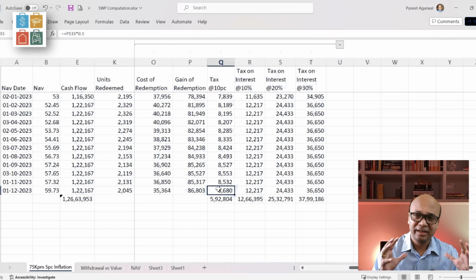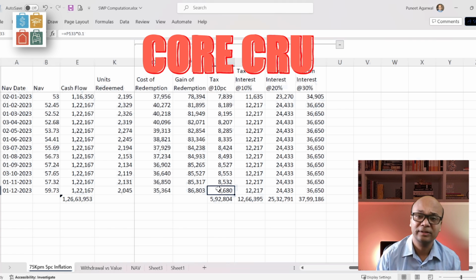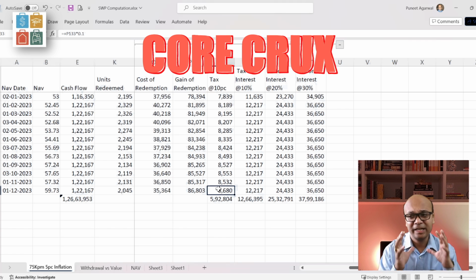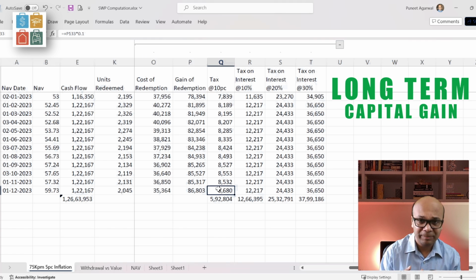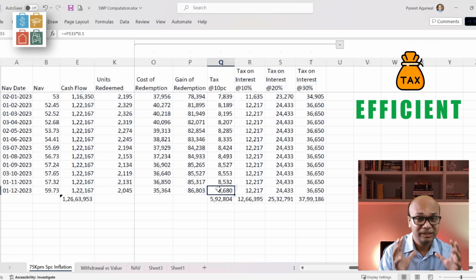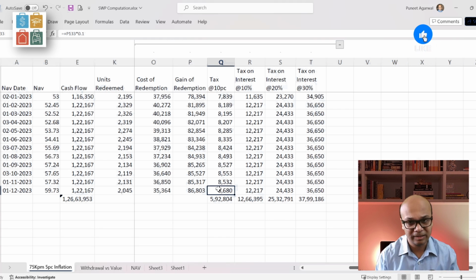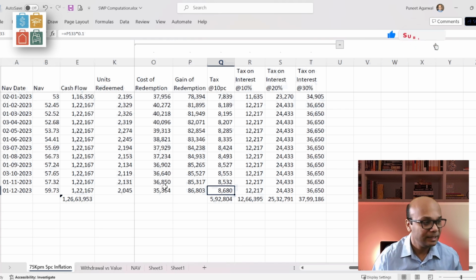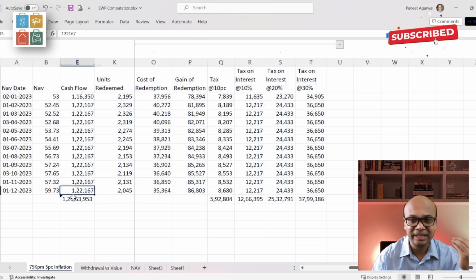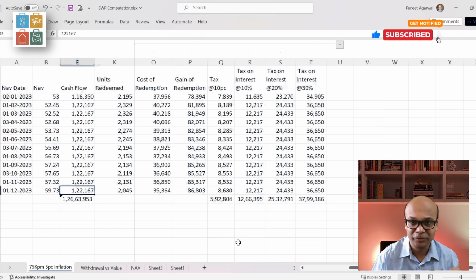Now, this is the core crux. Whoever understands this will understand that long-term capital gain is more tax efficient than interest income. Assume you have another investment vehicle where you can take a similar amount of income every month. For example, you can take 1.22 lakhs every month. That's not a problem for you.